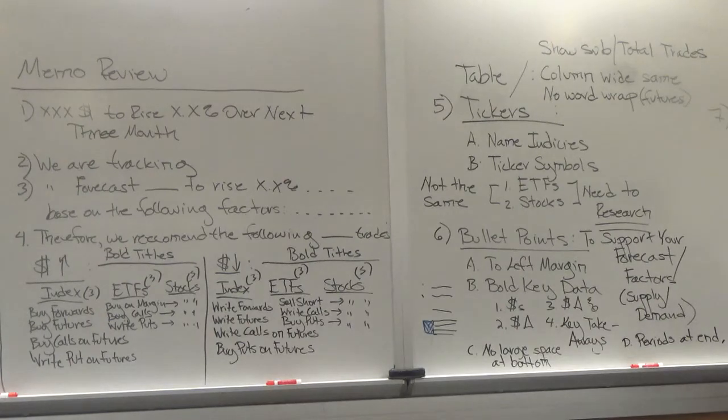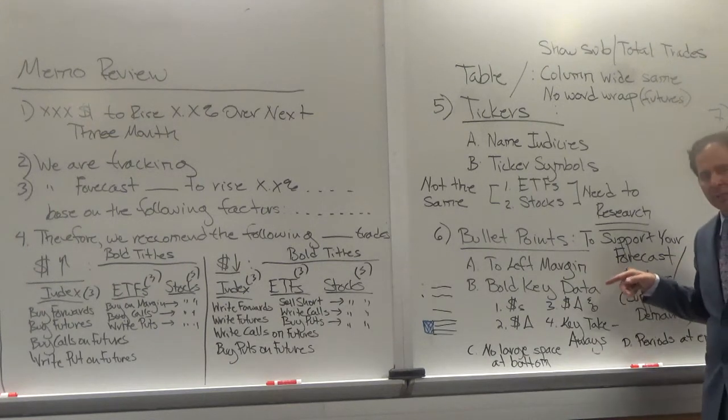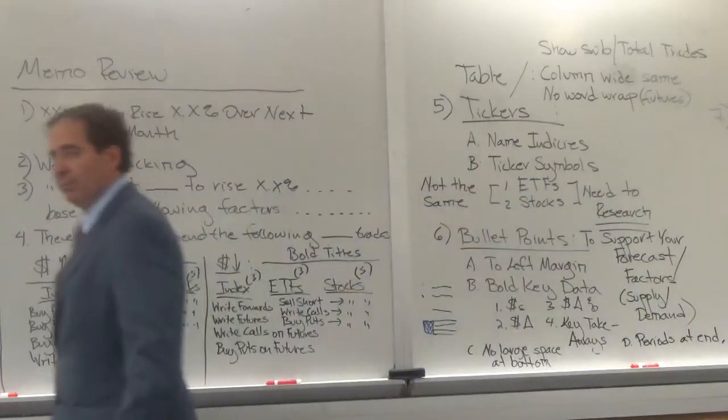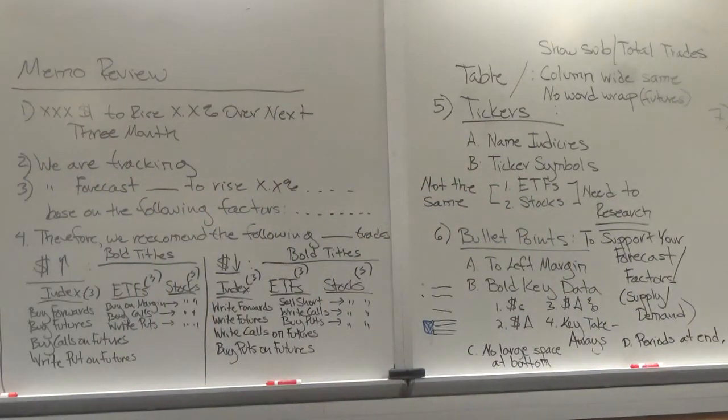So again, these bullet points should support your forecast and should support the supply-demand factors. And don't forget, at the end of the bullet text, you need a period. Some of you did put periods in there. So that's that section.